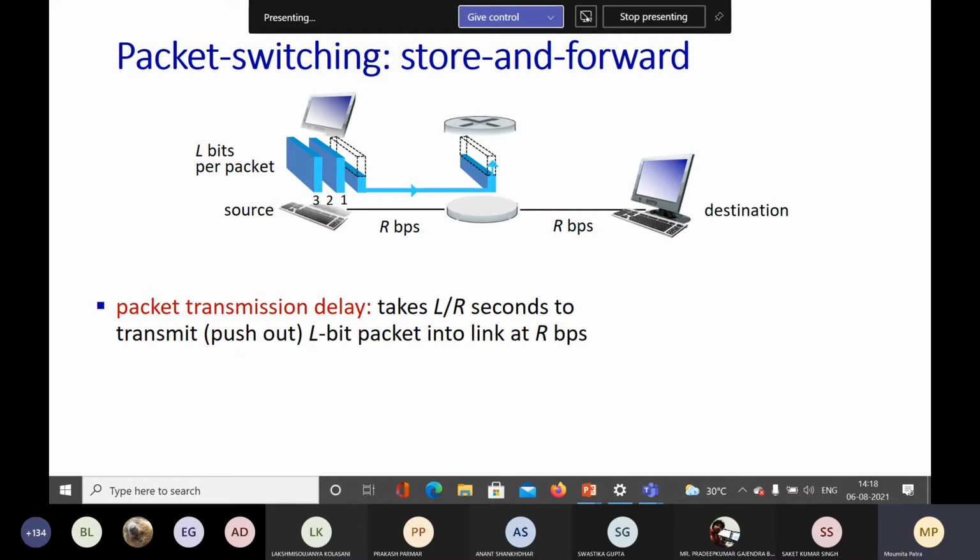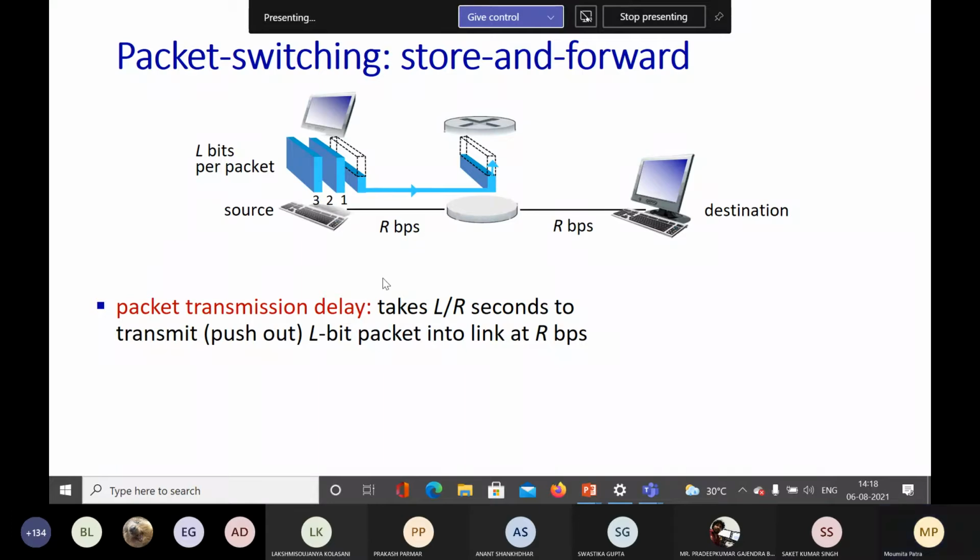So let us see what is happening in packet switching and what this term store and forward means. See, this is the packet. This is a big packet, the whole chunk is here, packet number one.